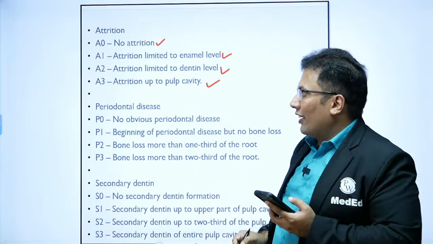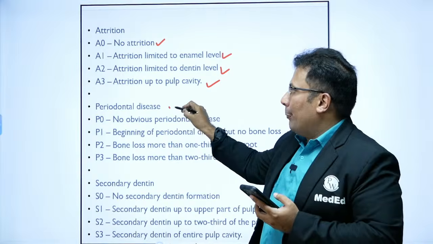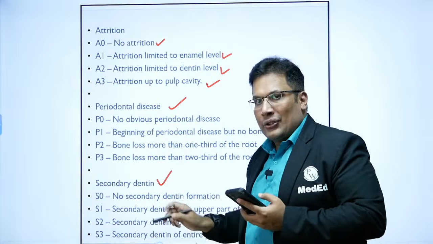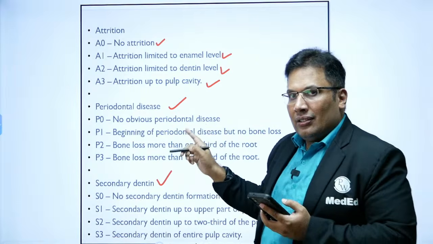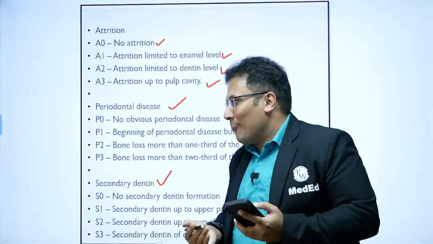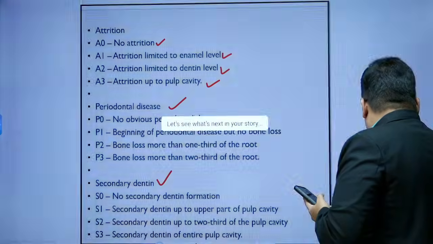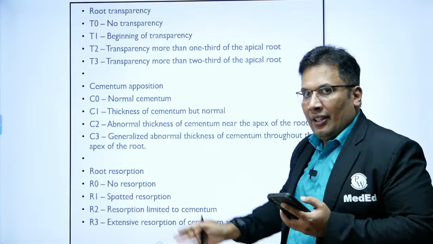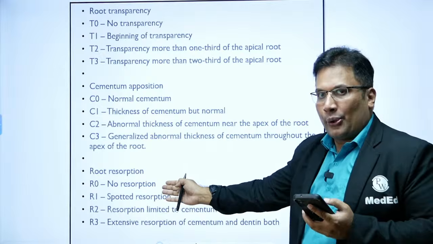So this is the grading of attrition. This is the grading of periodontal disease and secondary dentin. Like this you need to write the grading of each parameter to get distinction marks, as well as the other criteria: root transparency, cementum apposition and root resorption.